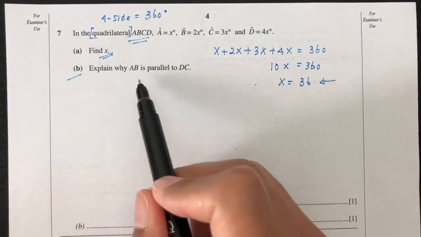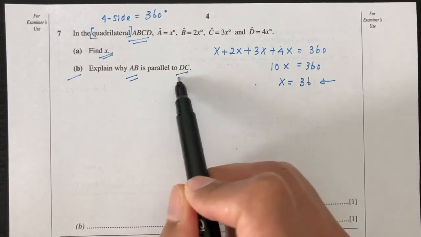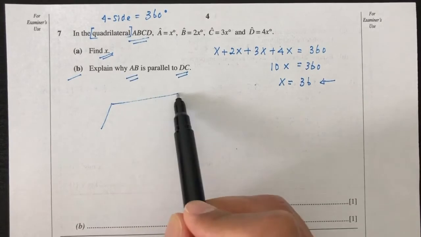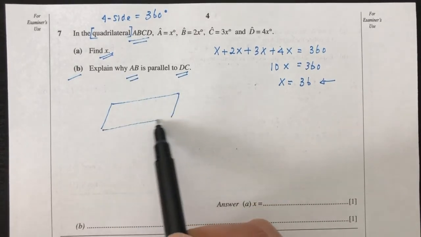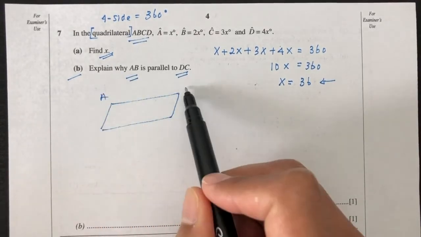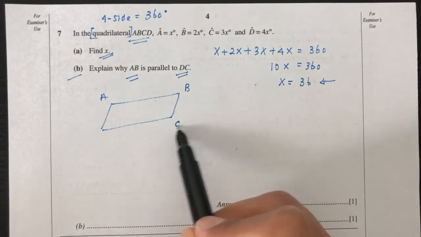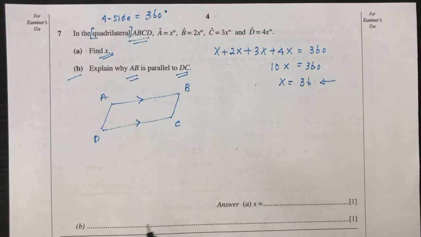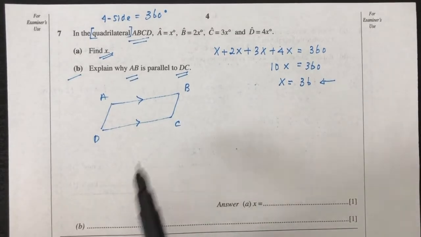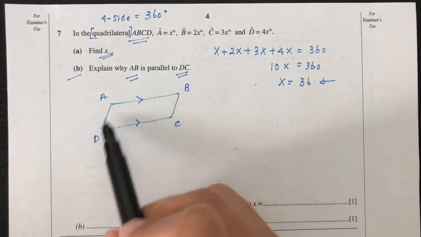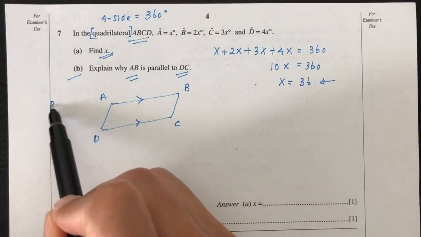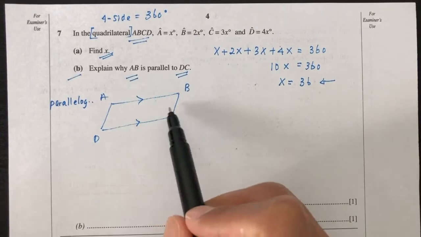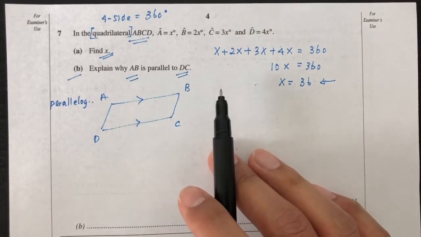Now for part B, explain why AB is parallel to DC. Let's draw the shape of this. This is A, B, C, and D. Explain why these two are in the same direction as each other. We should know that if we had a parallelogram, it would have a few properties.